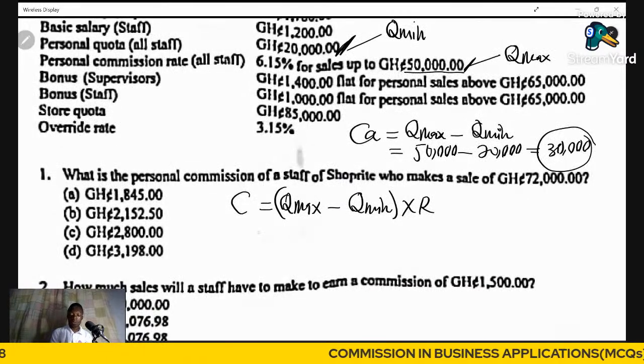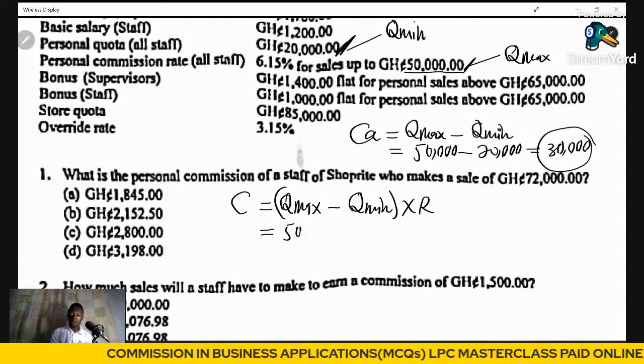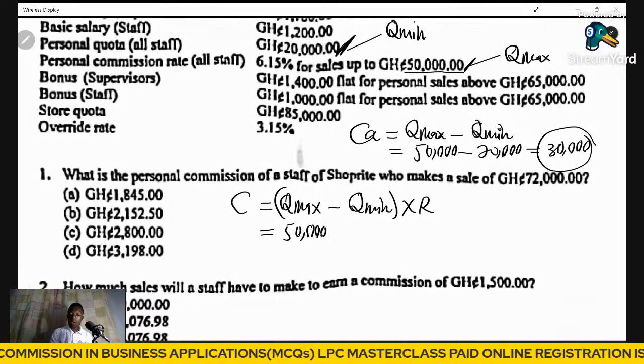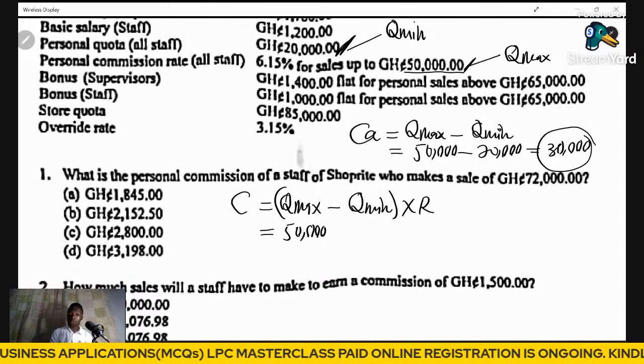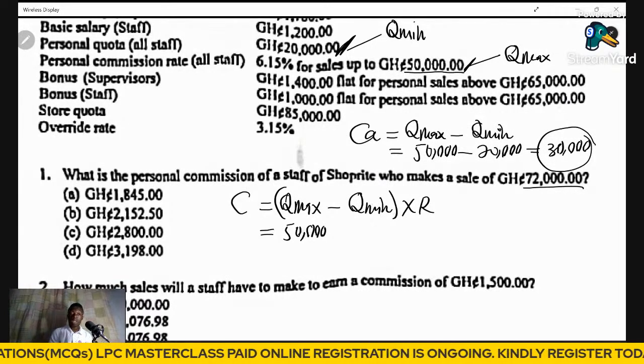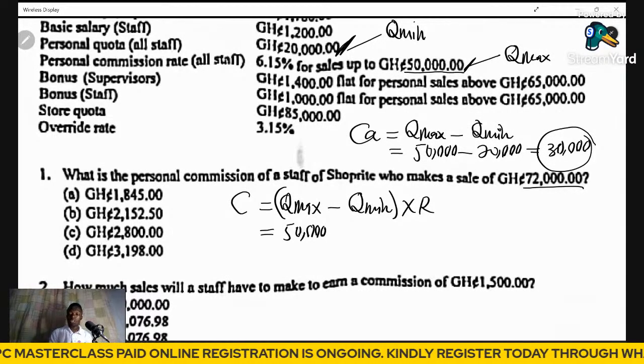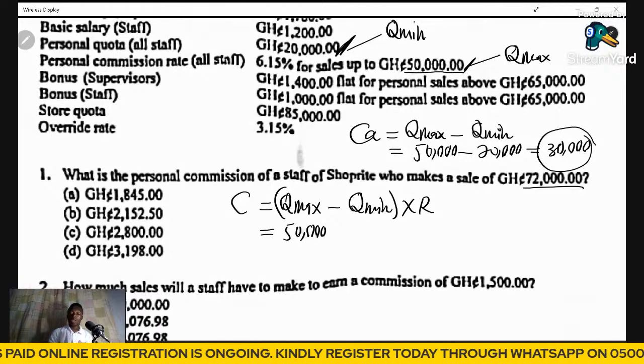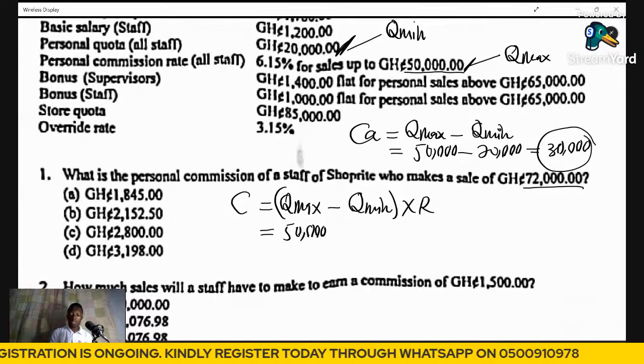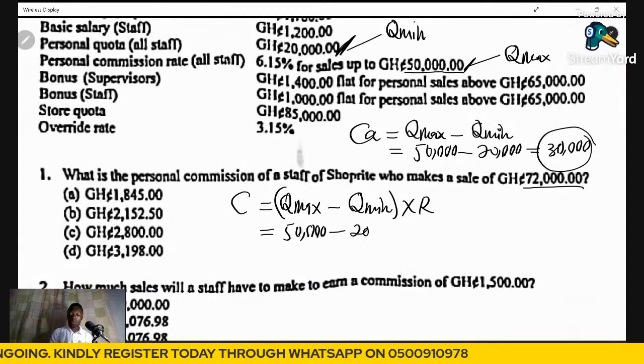So in that case, the maximum quota was 50,000. The reason why we are using this is that the sale of this staff was actually 72,000, which exceeds the maximum quota. So you earn a full commission on the difference between the minimum quota and the maximum quota, so minus 20,000.